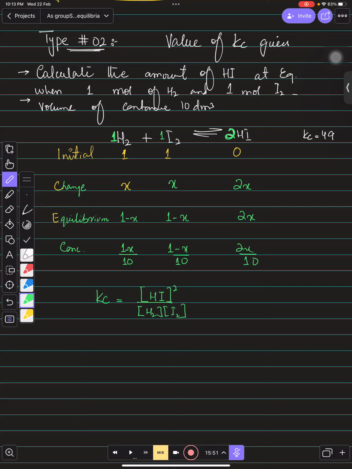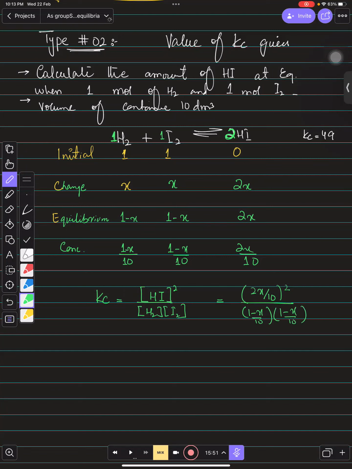Right. So now the Kc expression is all the time the concentration of products raised to the power of their coefficients over the concentration of reactants raised to the power of their coefficients. Now we can put the values, right? The value of HI is 2x over 10 squared. And for hydrogen and iodine, they are 1 minus x over 10, 1 minus x over 10.